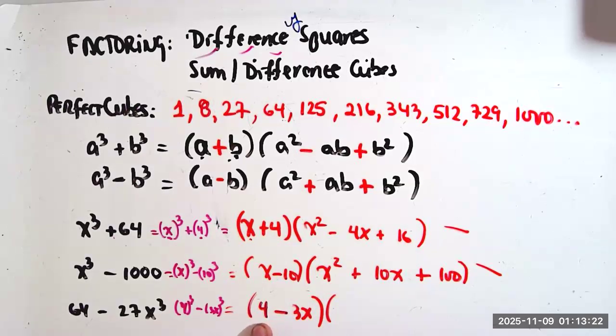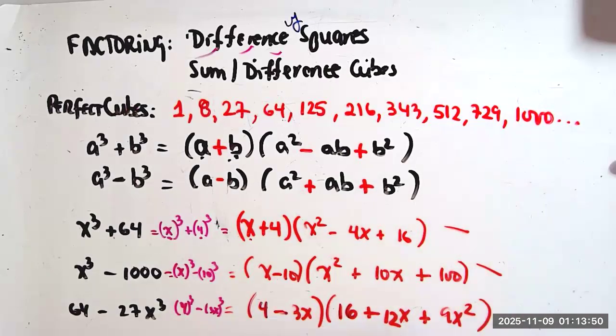The first term, A squared, 4 times 4, 16. My second term of the trinomial, 4 times 3x, 12x. Third term, this 3x squared, 3 times 3, 9x squared. Signs: minus, plus, plus. 16, 12x and 9x squared.